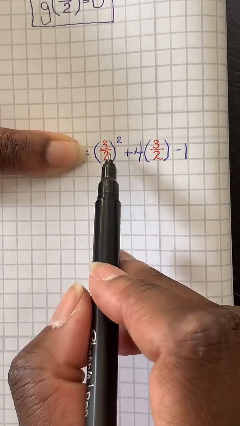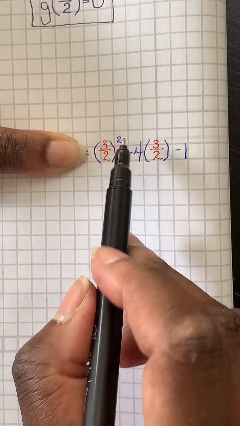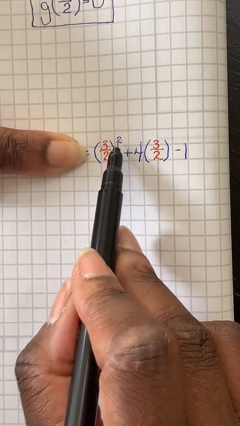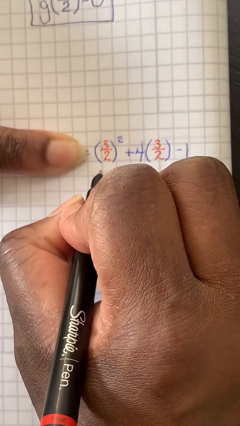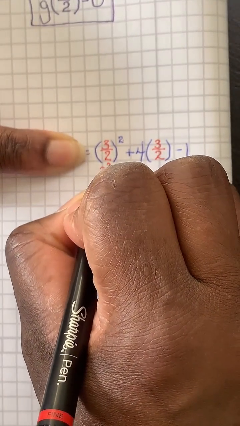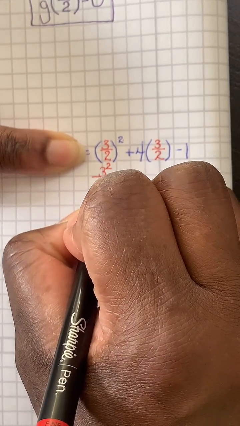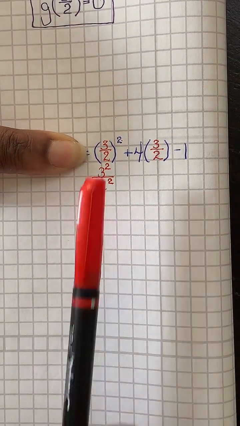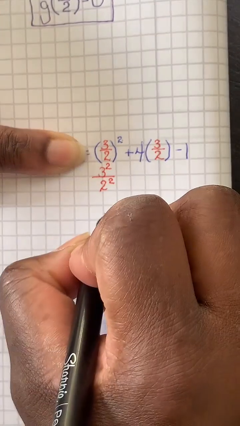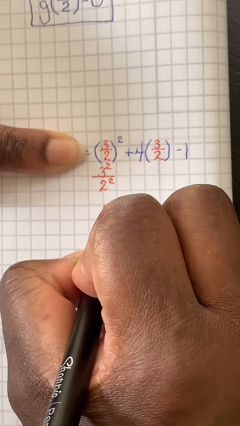So now we have 3 halves squared. This means I'm going to do 3 squared over 2 squared. Now, 3 squared over 2 squared gives me 9 over 4.